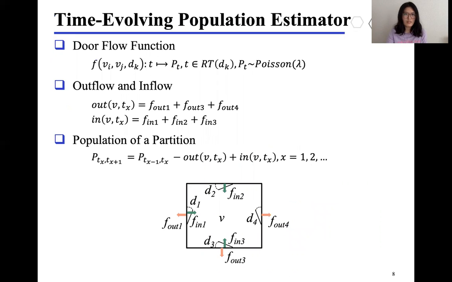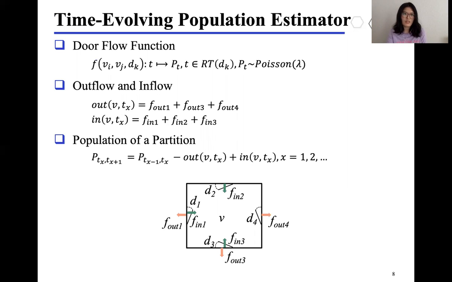We design a door flow function based on the classic Poisson distribution. Using this function, we can get door flow at a future time by using this distribution, and the parameter lambda is not a stable value. It can change with time.